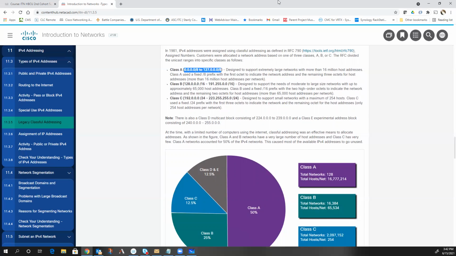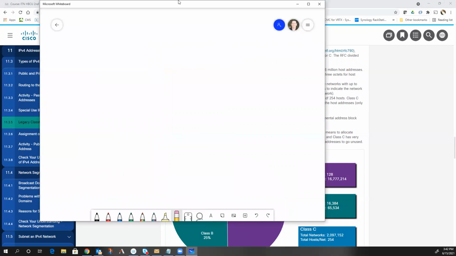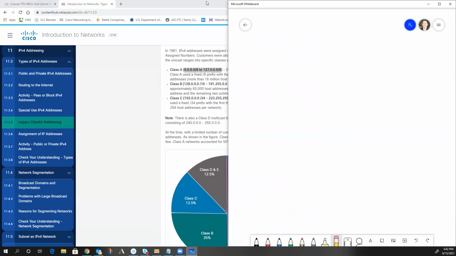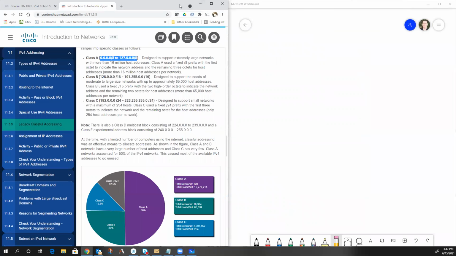One of the things I want to do here is pull up this whiteboard again. Let me make a new whiteboard because I want to show this. With a class A, have you ever wondered why it is 0 to 127?